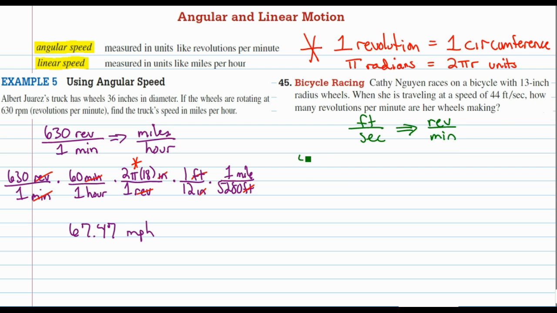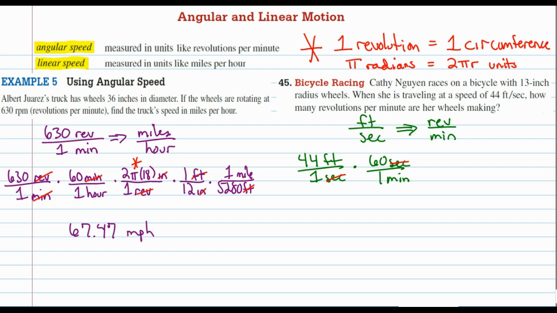All right, so 44 feet in 1 second is the bicycle's linear speed. So let's change seconds to minutes first. There are 60 seconds in 1 minute. So now the units seconds cancel out, and I'm in feet per minute, but I don't want to know feet per minute. I want to know revolutions per minute.